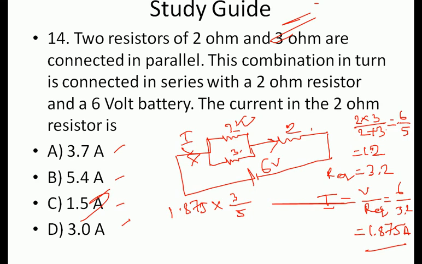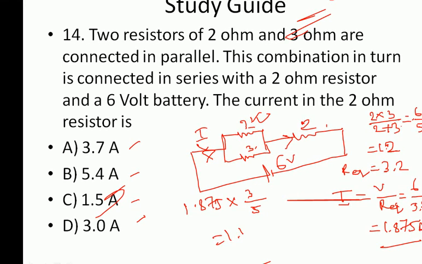So let us use the calculator again. The answer will be 1.125. So you can see that 1.125 is still not in the options, so I can't choose any one of them for the RRB.